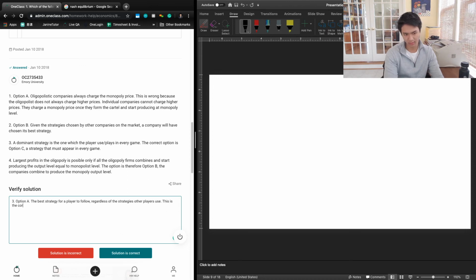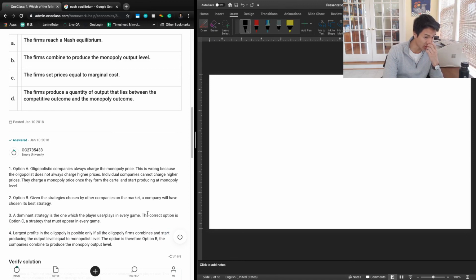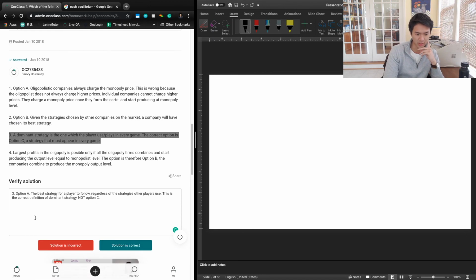This is the correct definition of dominant strategy, not option C. So yeah, it looks like I missed that somehow. So yes, option C, that is not correct. It is going to be option A. That is the definition for dominant strategy.